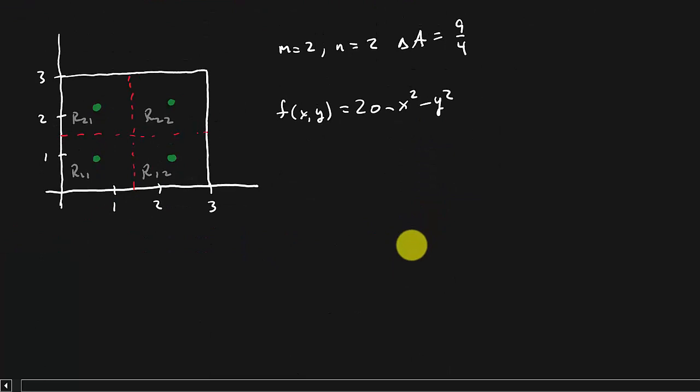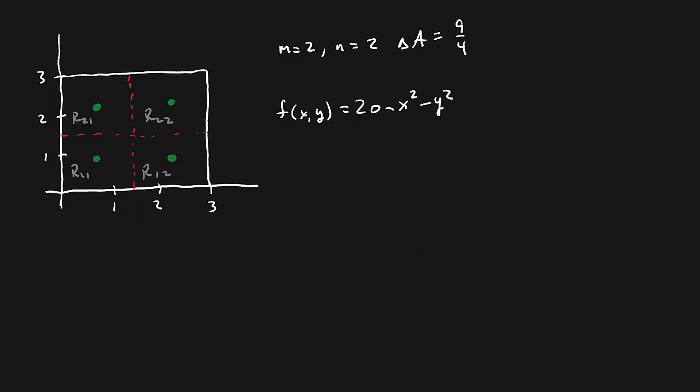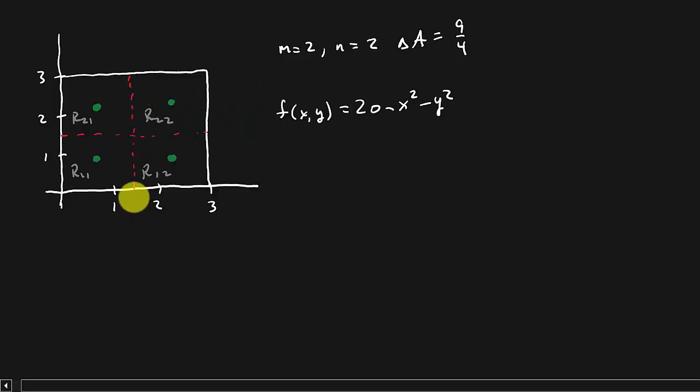So now, like I said, what I would do is label these points. Keep in mind this is 3/2. This is 3/2. Now I'm going halfway between 0 and 3/2.